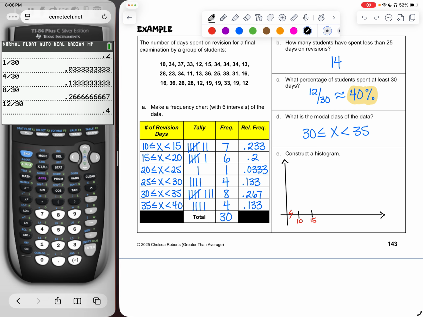So I'm going to 15, then we have 20, 25, 30, 35, and 40. So I'm going to label these. The highest frequency that I see is 8.